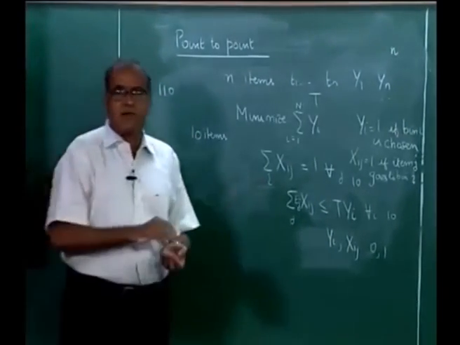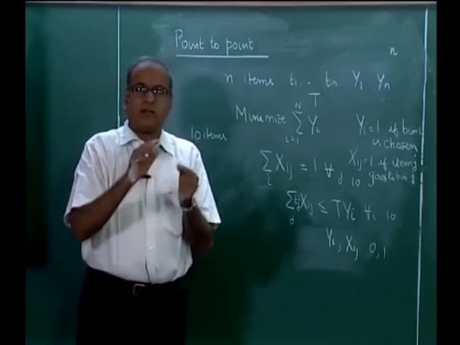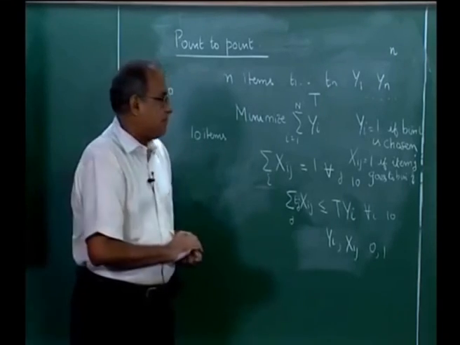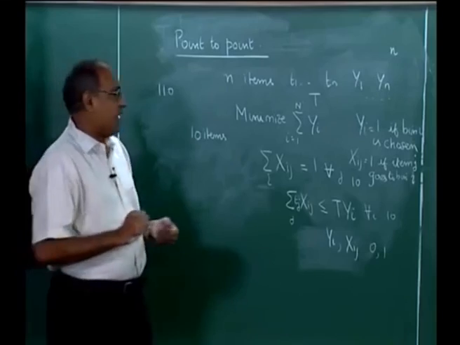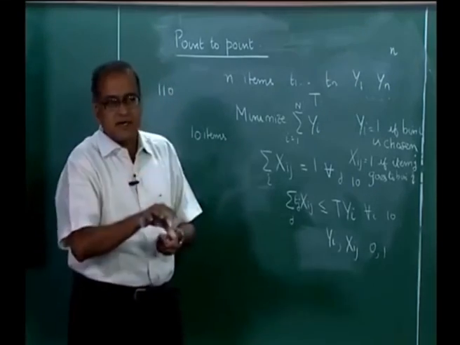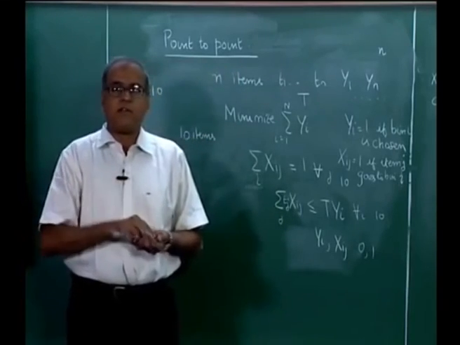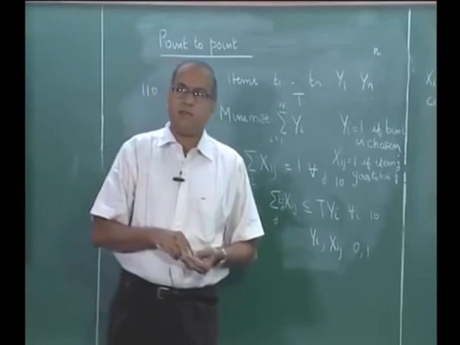So, it is customary to look at a heuristic solution to the problem, find out a certain number of bins, and then solve the optimization by taking advantage of the fact that a heuristic solution results in fewer variables and constraints. So, we will look at some of the heuristic solutions to the bin packing problem in the next lecture.